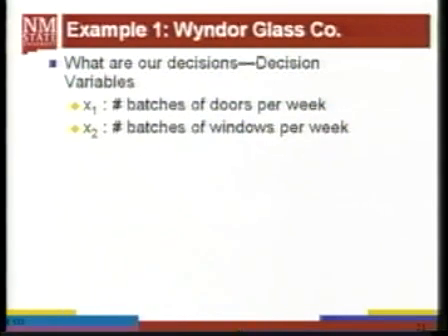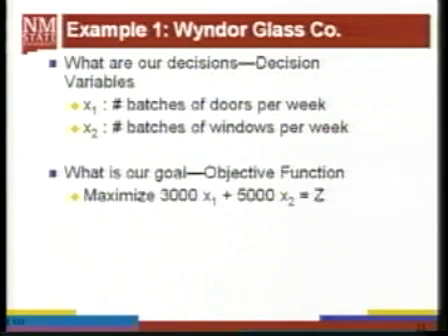So if we let G be the total profit per week, of course in thousands of dollars, from producing these 2 products, then our objective function would look like this, right? Maximize $3,000 times x1 plus $5,000 times x2. And let's set this objective function equal to z, okay?